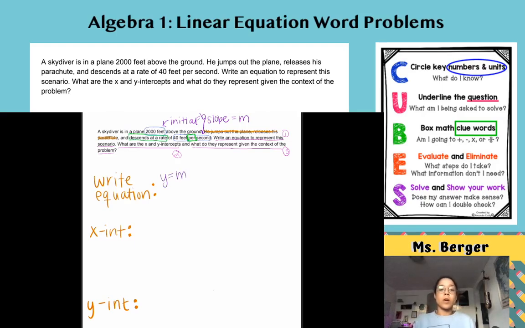So my linear equation, since it's a constant rate of change, is y equals mx plus b. My m is going to be that negative 40 feet per second. And my b is going to be that 2,000. How did I know that it's negative 40 feet per second? Well, the word descends means that we're going to go down.